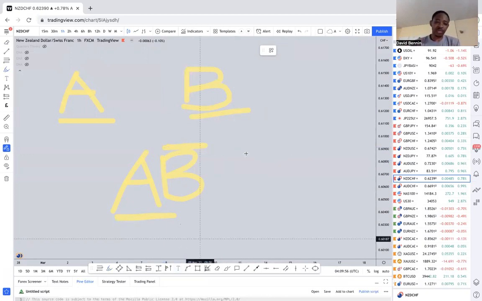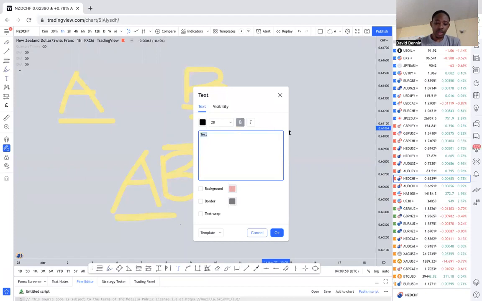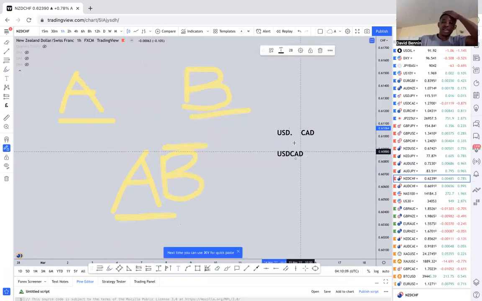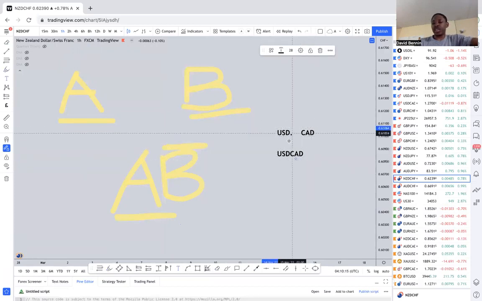So for example, you have the US dollar and then the Canadian dollar, but together they form the USD CAD. Right? These are two currencies that came together to form USD CAD. But you need to recognize that there is that USD portion and then the Canadian dollar portion.